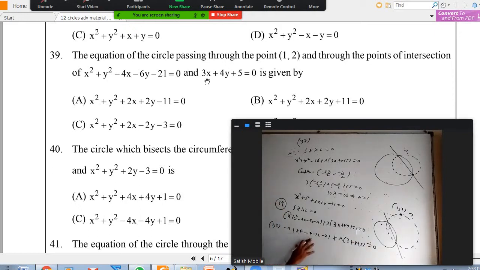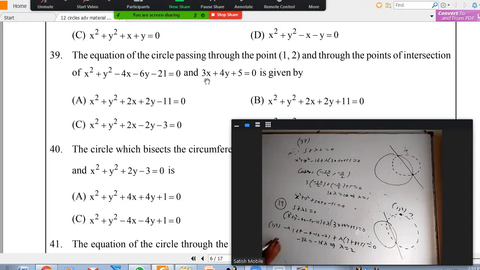Simplifying, minus 42 plus 21 lambda equal to 0. So lambda equal to 2.